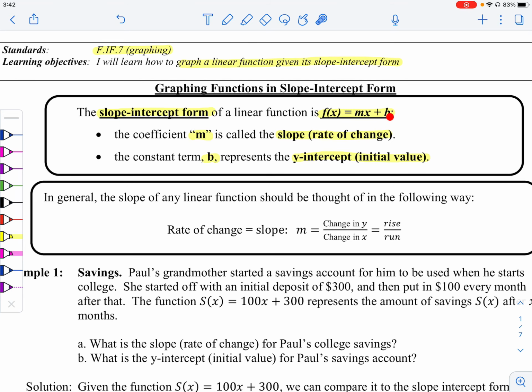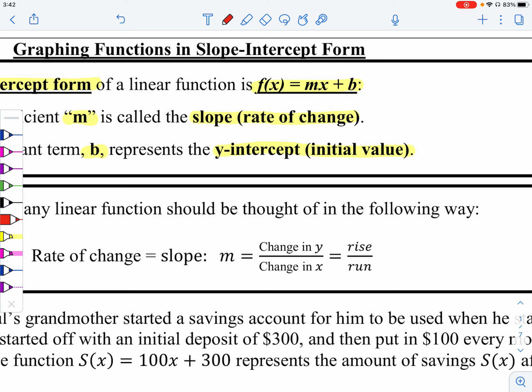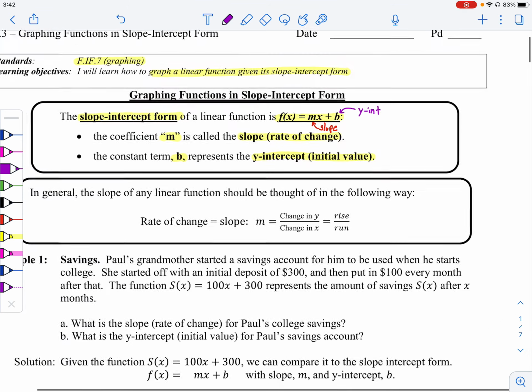That is your y-intercept. So just by looking at equations, we should be able to tell what the slope is and what the y-intercept is.